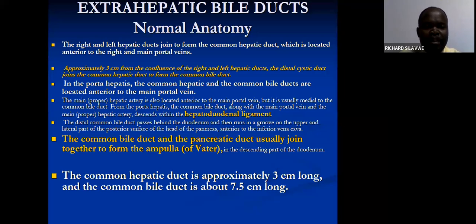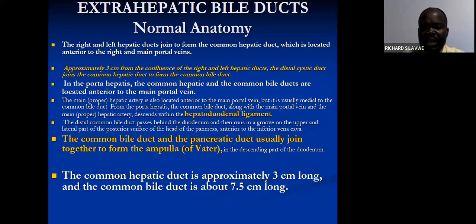In the portal hepatis, the common hepatic and the common bile duct are located anteriorly to the main portal vein. Then the proper hepatic artery is also located anterior to the portal vein, but it is usually medial to the common bile duct.